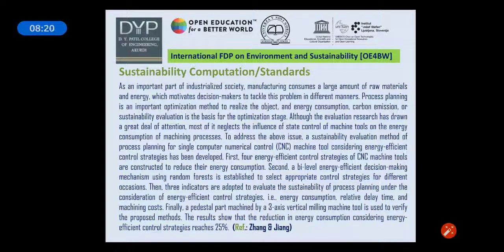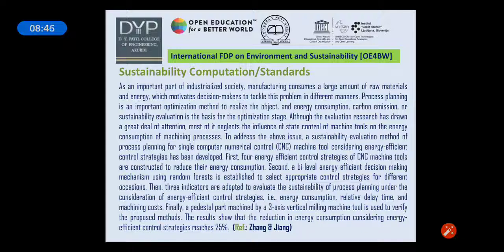First, 4 energy efficient control strategies of the CNC machine tool are constructed to reduce its energy consumption. Second, a bi-level energy efficient decision making mechanism using random forests is established to select an appropriate control strategy for different occasions.